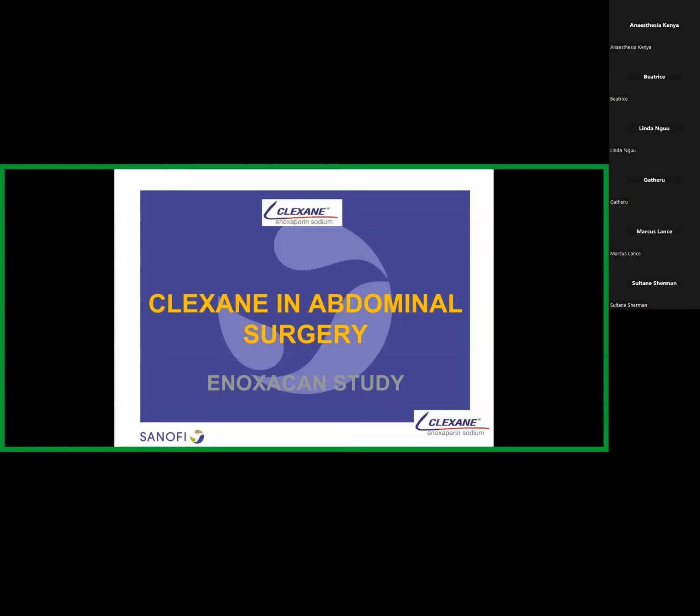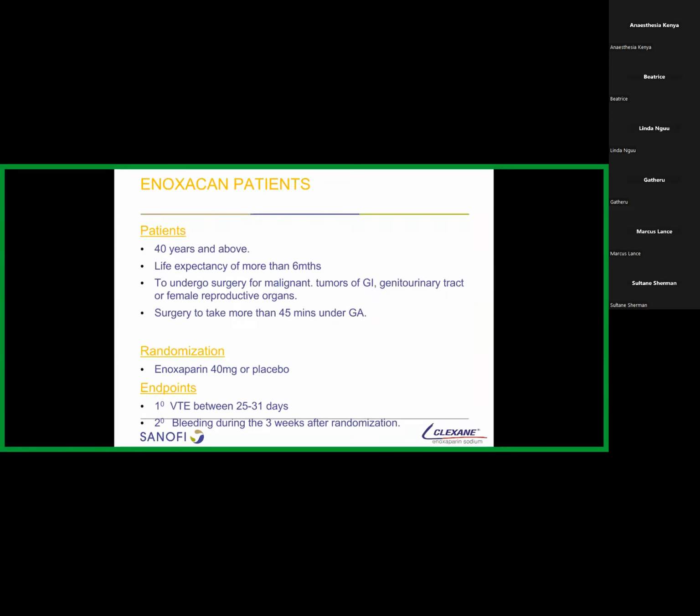We have Clexane used in abdominal surgery, and we have the Noxacan study. I'll just be brief about this, looking at the group of patients in this study: patients who are 40 years and above, with a life expectancy of more than 6 months, who are to undergo surgery for malignant tumors of the GI, genitourinary tract, or female reproductive organs, with surgeries taking 45 minutes or more under general anesthesia.